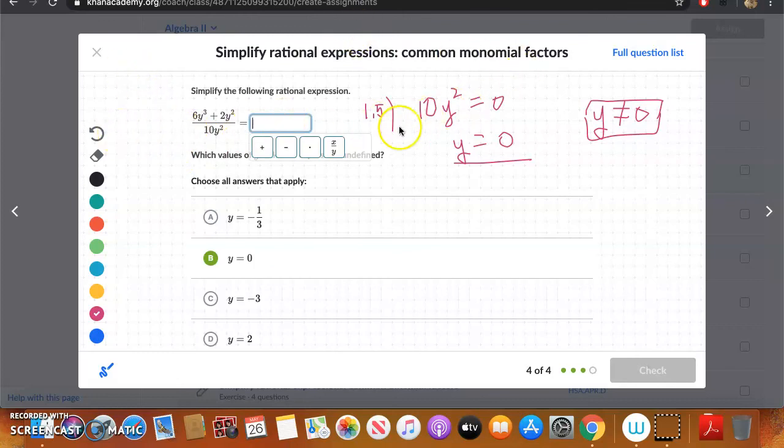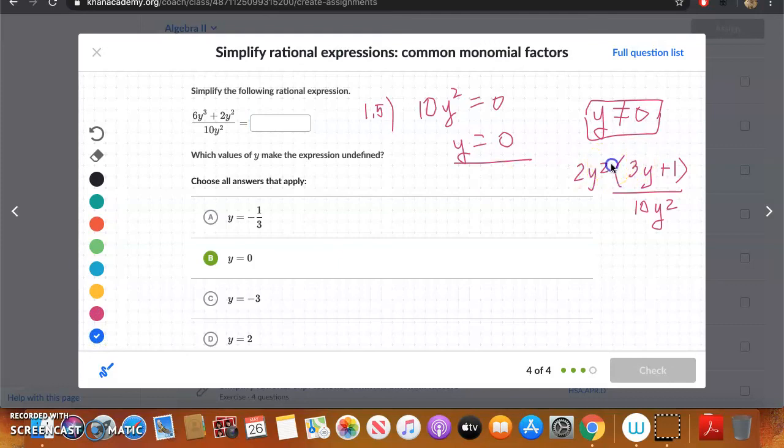All right. So it looks like on the top we're going to have 2y squared, leaving us with 3y plus 1 over 10y squared. Okay, and let's cancel it. So we're going to have y squared canceling. We're going to have the 2 going into the 10 5 times. So there's our final expression, right? 3y plus 1 over 5.